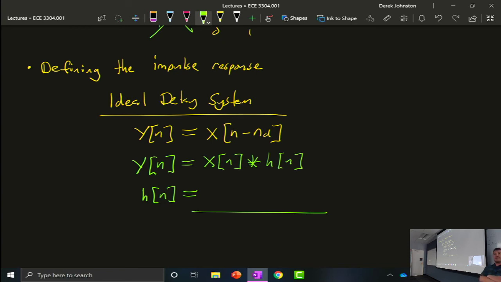I'll give you a second hint. It's in the name, the impulse response. Now I see everybody's trying not to make eye contact with me. Somebody wager a guess. Would it be x of n convolved with y then?